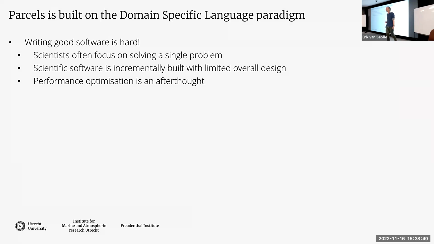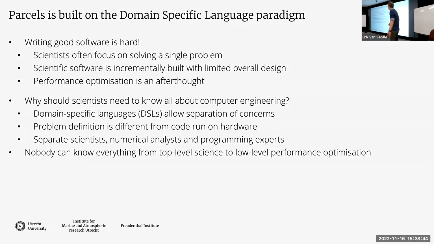And I've converted to what you know. So anyway, you've probably seen this all. Nobody can know everything from top level science to low level performance optimization. That is why we have this domain-specific language, and that's how we build Parcels. And I'm really, really proud of it because I think it is a really nice tool of software that we can work much, much further with.